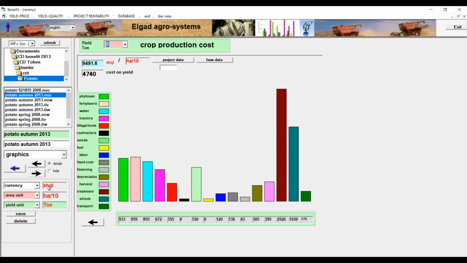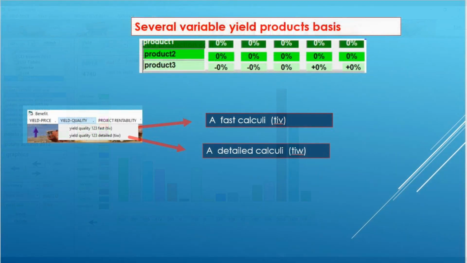It means 50 tons per hectare. We have here the different costs, and we can see here the plant protection, fertilizers, and the high one, which is the harvest.